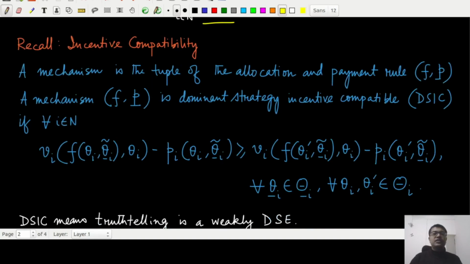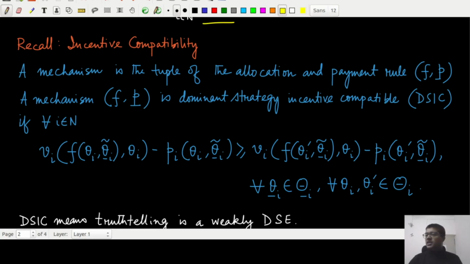Now let us try to remember the property of incentive compatibility that we discussed quite some time back. So we are going to phrase this incentive compatibility in the context of quasi-linear preferences.